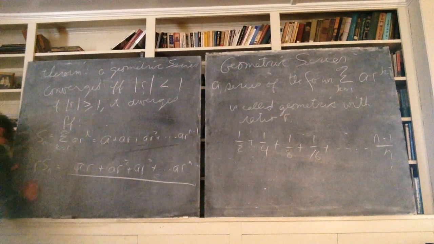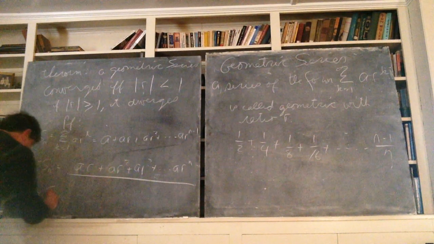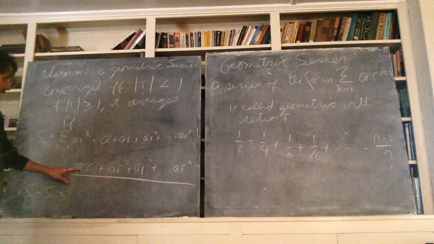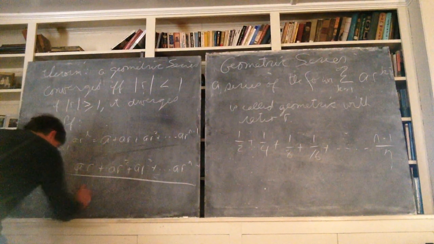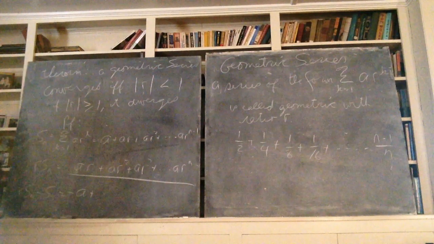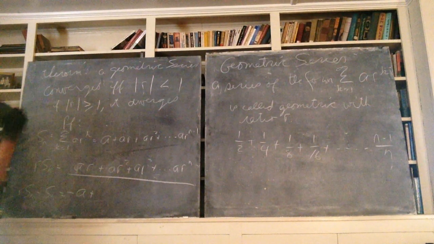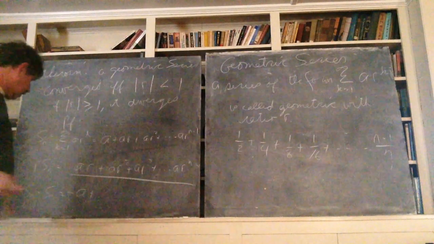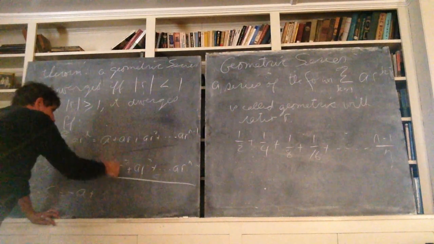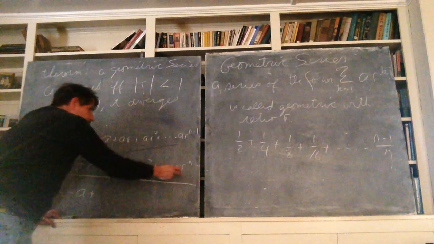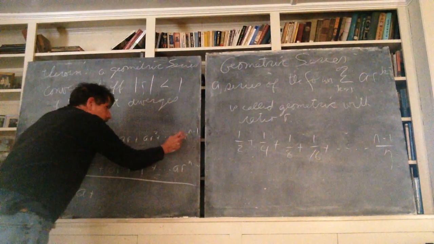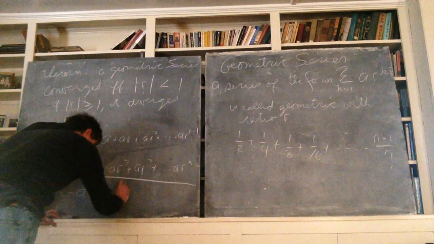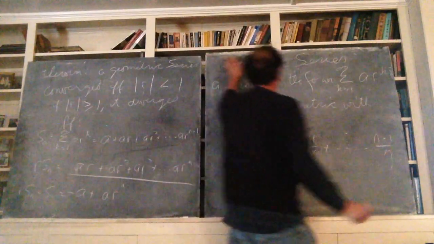So I'm saying R S sub n minus S sub n equals, well, let's see, negative A, this minus this, and all these subtract out, plus A R to the n.